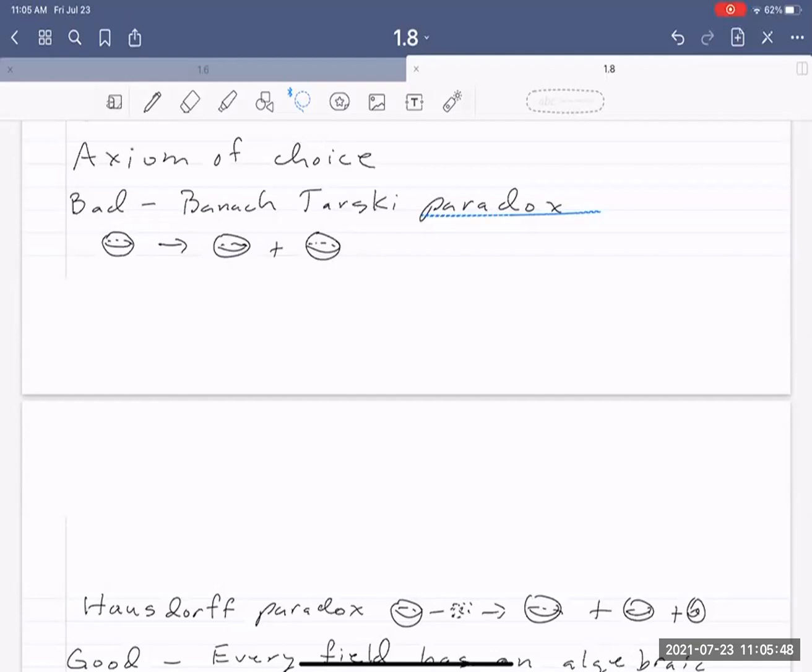That if you do a translation, all of a sudden when you put these back together, you're able to get something from an orange to the sun, with the same volume, when you translate and rearrange them and put them back together again. And that just doesn't seem right to me. So that's why I don't really like the axiom of choice.